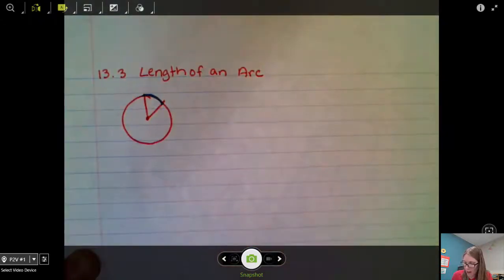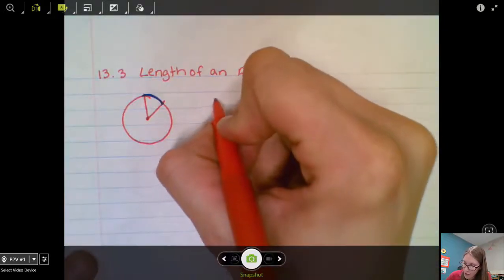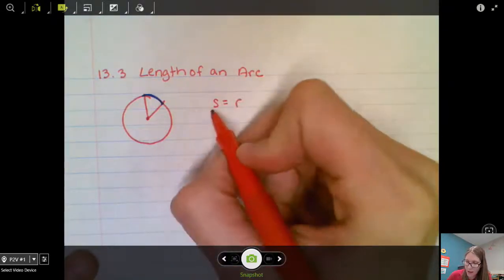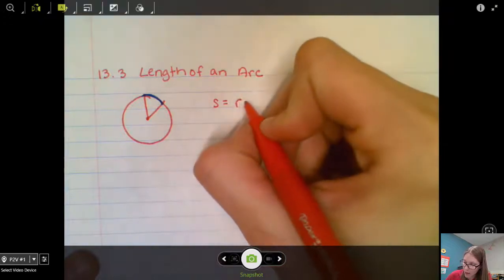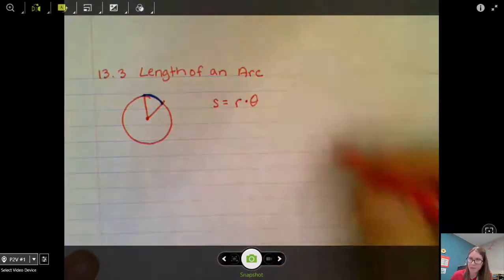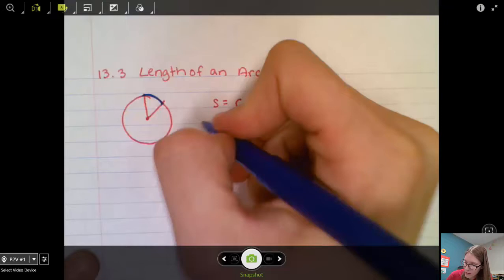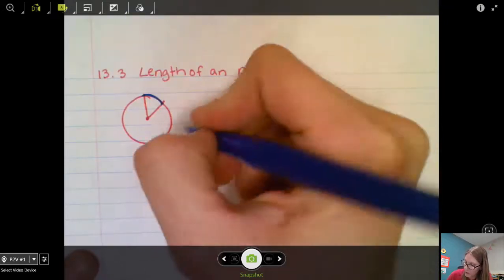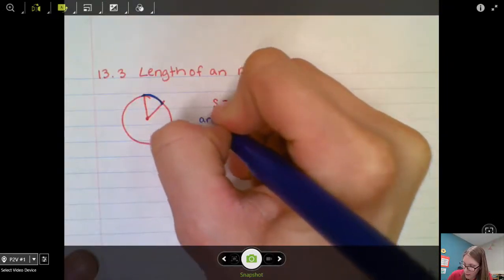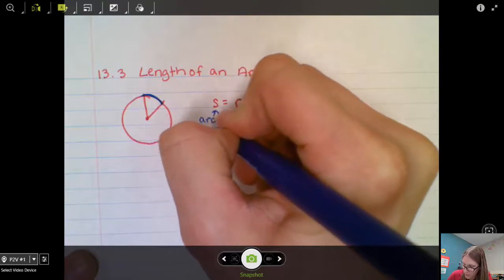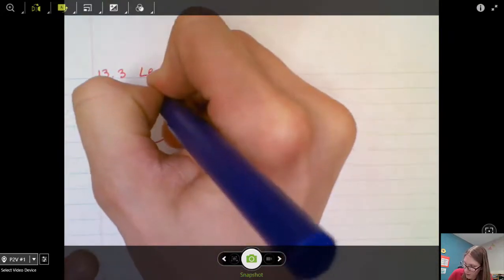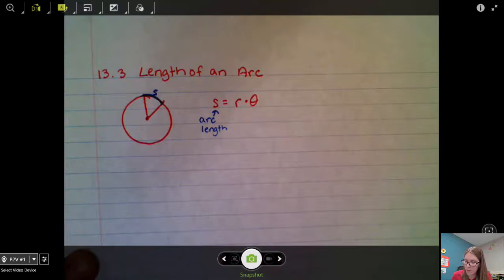Now, if we have an angle in radians, we can use this formula to help us figure out the arc length. S equals R times theta. So this variable S represents the arc length. Let me label that on my diagram here.